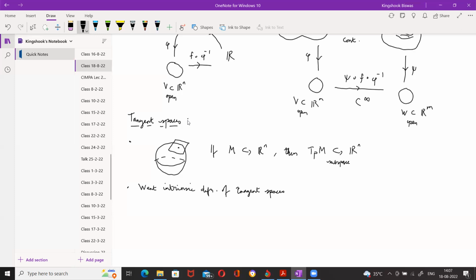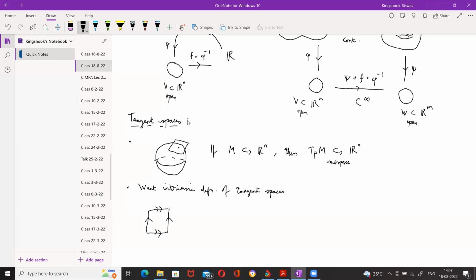But in general manifolds, for example the standard torus, you can get it by quotienting opposite sides of a square.